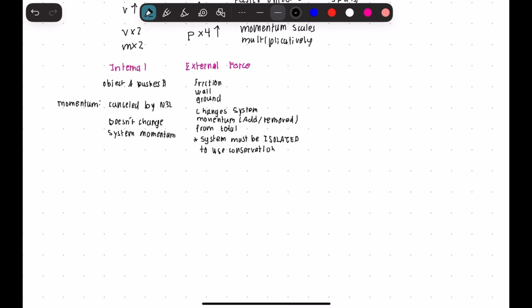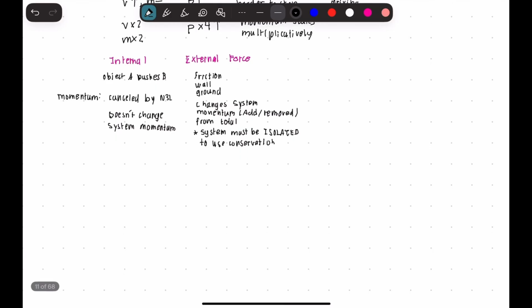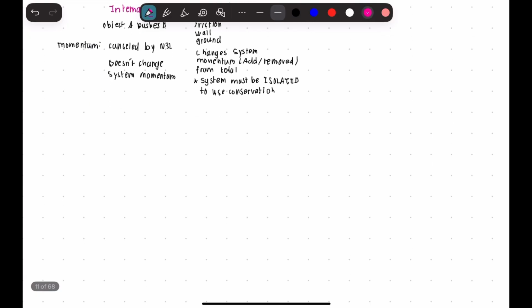Okay, let's move on to when is momentum conserved or not in the following scenarios. Is momentum conserved? Well, let's work this out together.